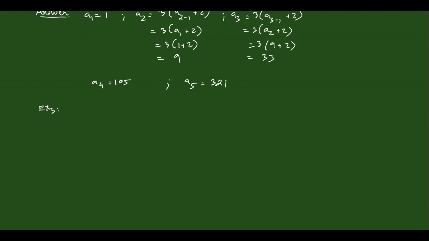I'm going to give you the infinite sequence. For example, in this case, I give you the sequence like this: 1/2, 3/4, 5/6, 7/8, dot dot dot. So this is an infinite sequence.